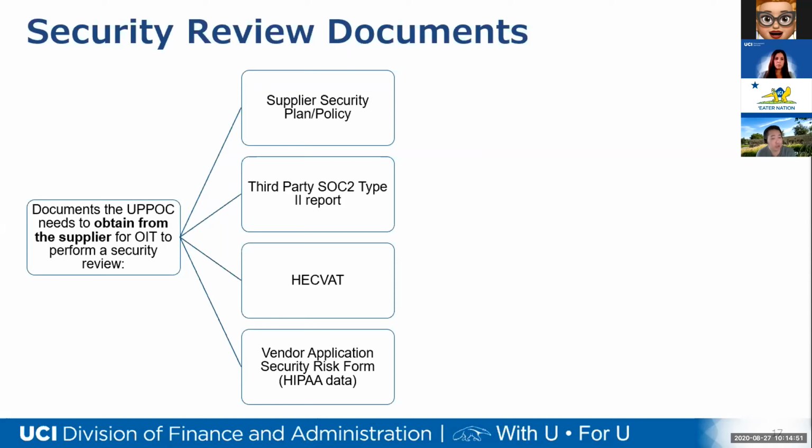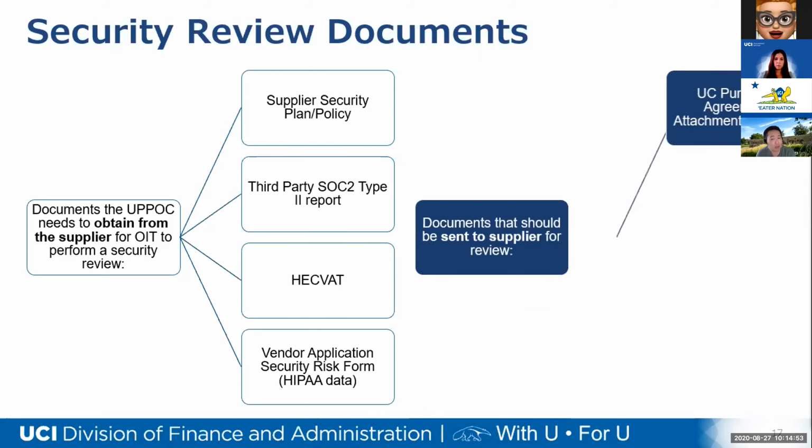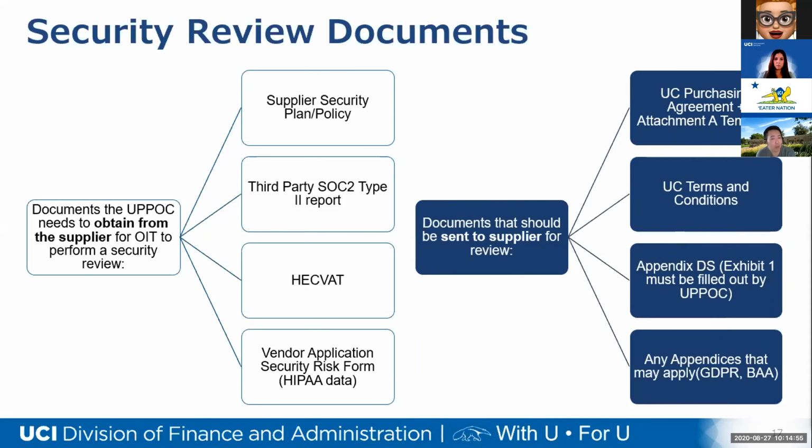In addition to requesting these documents, we ask you to forward our UC contract templates for the supplier to review. In many cases, especially when you're dealing with software, a lot of these suppliers may have their own agreements that they want to push us to sign, but our first directive is to use our own UC template as the primary agreement.